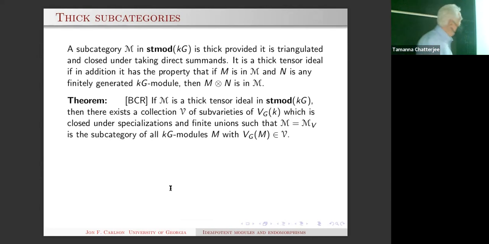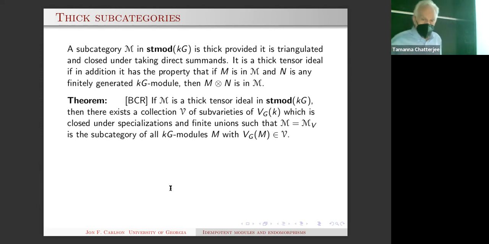There's a theorem here. BCR is Dave Benson, myself, and Jeremy Rickard. It says if M is a thick tensor ideal in StMod KG, then in fact there exists a collection of subvarieties of V sub G of K, which is closed under specialization and finite union, such that this thick tensor ideal is precisely the set of all modules whose support variety is in this collection.